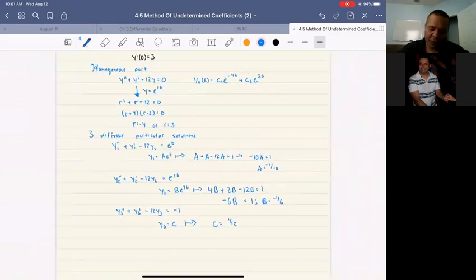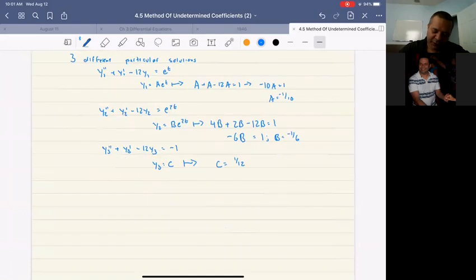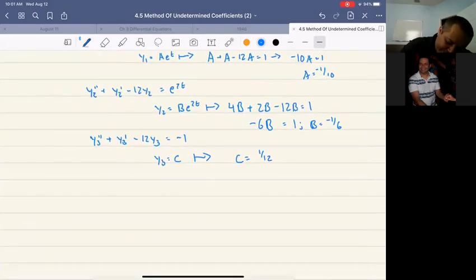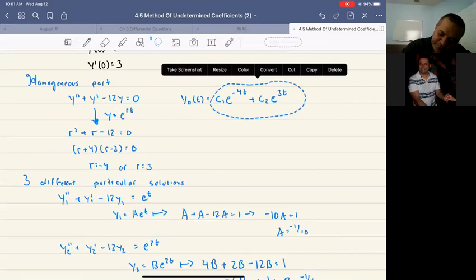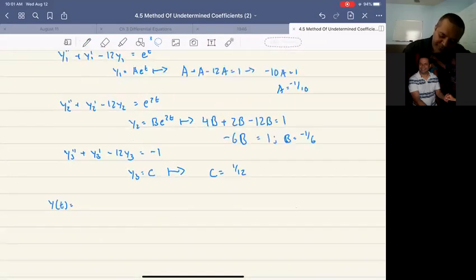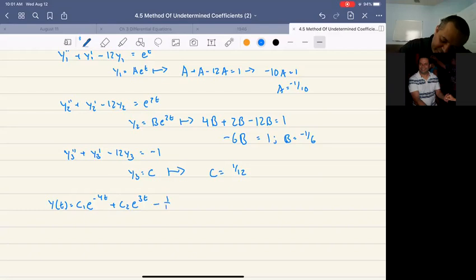Okay, so what is our total solution? Our total solution is going to be y of t equals, let's take our homogeneous part, minus 1/10 e to the t, minus 1/6 e to the 2t, plus 1/12.